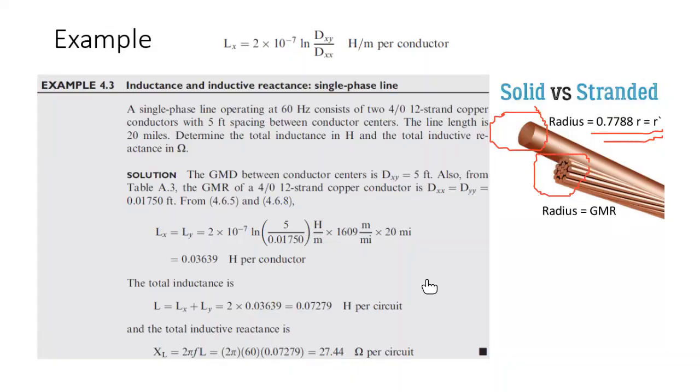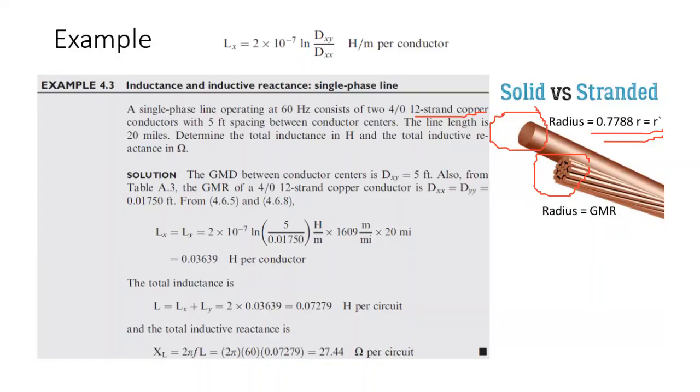So when you read the problem, look at it here. Is it a solid copper conductor or a stranded conductor? If it's a stranded conductor, then it will not be r prime. You need to calculate the geometric mean radius. Sometimes we give it in the table, and this is Appendix A3.